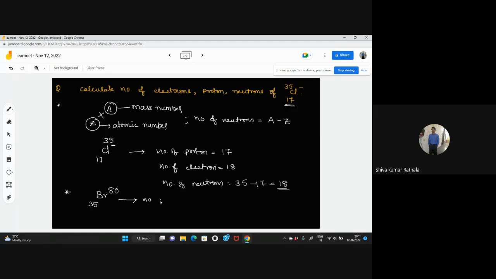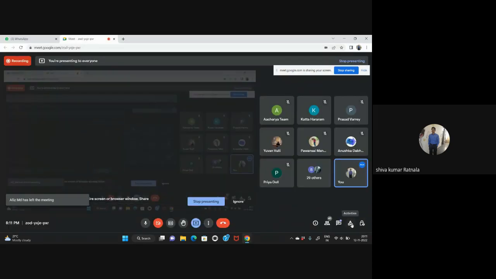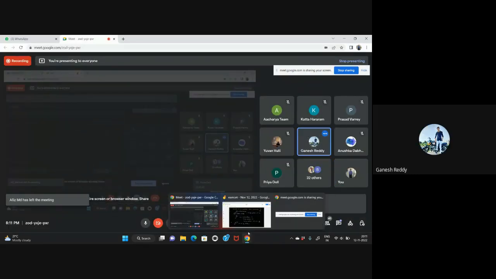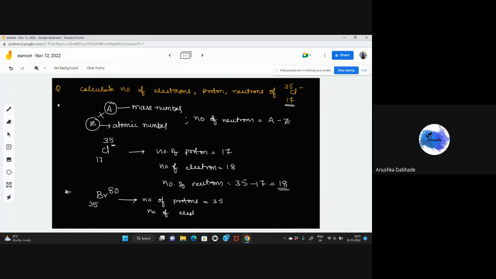Number of protons, how many? 35, sir. So number of protons are 35. Number of electrons also 35. And number of neutrons? 45. 45. Very good. Okay.